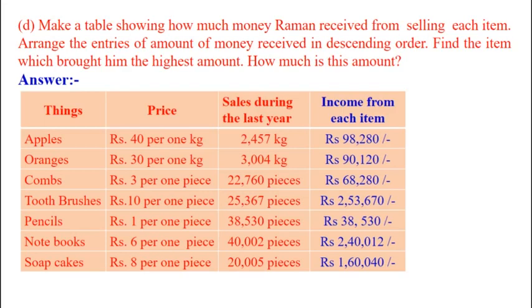Then income from combs, rupees 3 into 22,760, that is equal to rupees 68,280. Then income from toothbrushes, that is equal to rupees 10 into 25,367, that is equal to rupees 2,53,670.